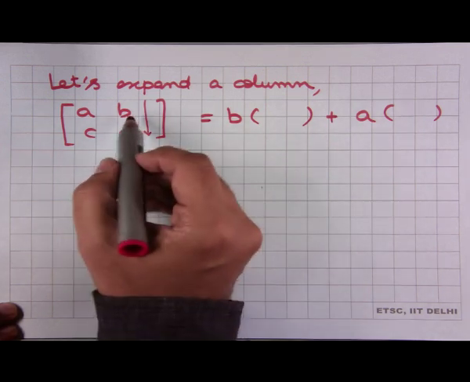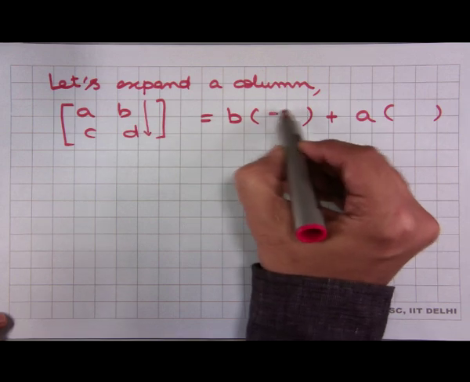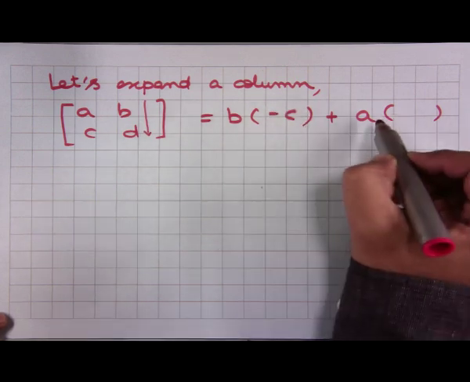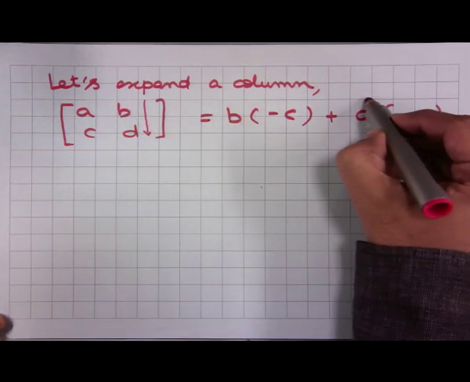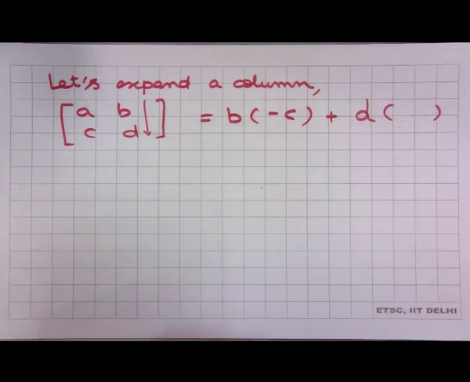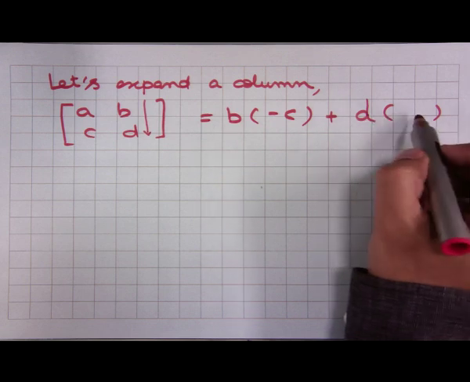Again, what is the cofactor of B? That does not change whether we expand along a row or a column; we already calculated it previously to be minus C. Since we are expanding along this column, this entry should actually be D and not A. And what we need to multiply with this D is its corresponding cofactor.